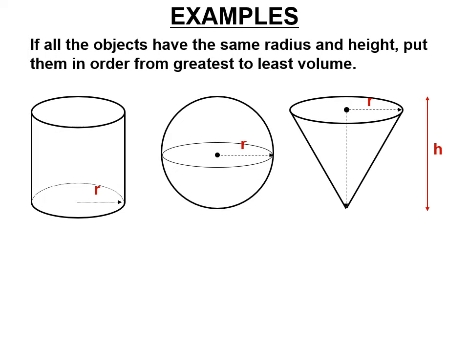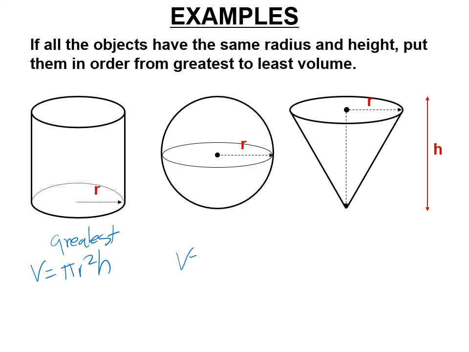So I just told you which one's the biggest, which one's the smallest. All right, so let's look at this. The cylinder is the biggest. All right, pi, this is the greatest. It's pi r squared h. The next biggest is the sphere.